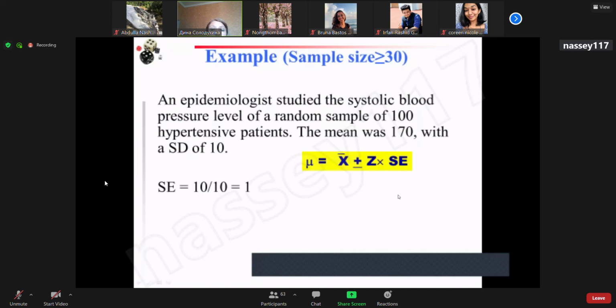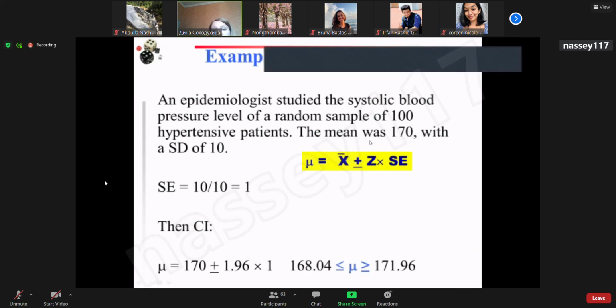So we will calculate confidence interval as 170, which is the average, plus minus z. Z is fixed. It is always equal 1.96 for a large sample times a standard error. So standard error is 1, so our confidence interval is equal 168 to 171.9. This is the calculation of confidence interval for the level 95%.